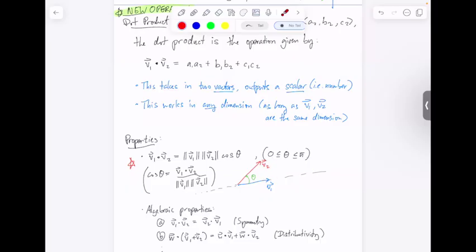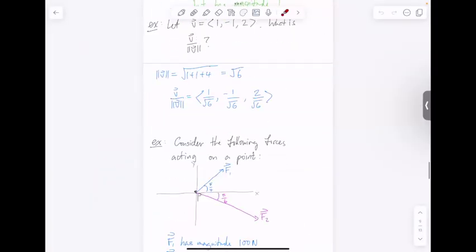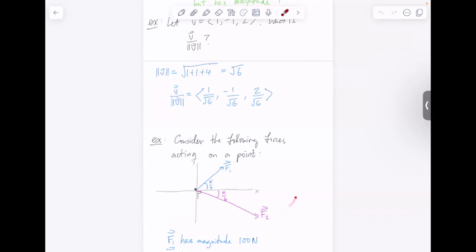I'll write this down shortly, but the purpose of this is, once again, in force diagrams. If I take your attention to last class, we had an example where we looked at the forces acting on this point. We used some trig with cosines and sines to figure out the components of the forces.